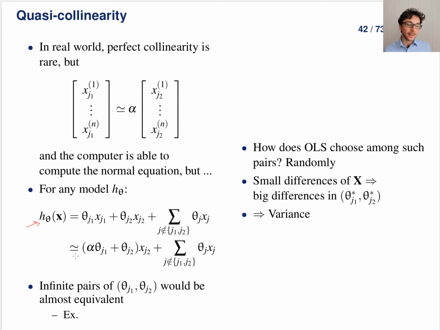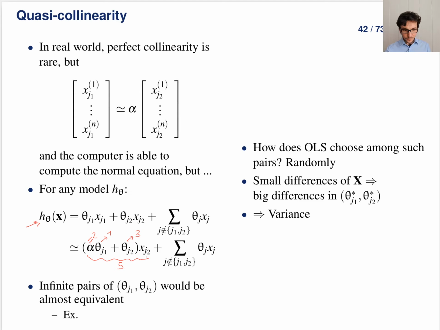So we can rewrite the equation in this way, collecting xj2. Now, suppose alpha is equal to 2, and suppose our model has theta J1 equal to 1 and theta J2 equal to 3. So inside these brackets, the coefficient is 2 plus 3, 5.